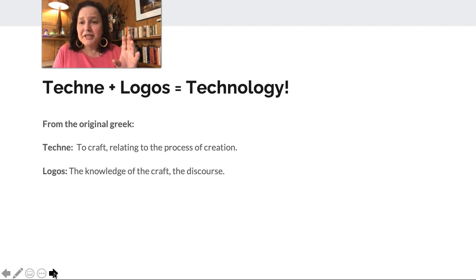The roots of the word technology: one is techne, and that means to craft or to make. So it is related directly to the process of creation. And then logos is really related to the mind, right? It's related to knowledge, and specifically related to discourse. So talking about knowledge, or literature about knowledge.